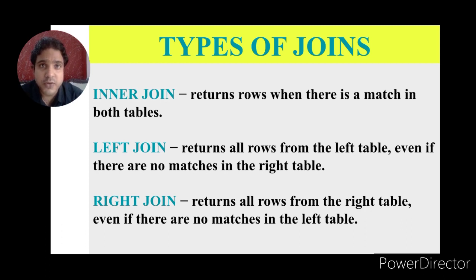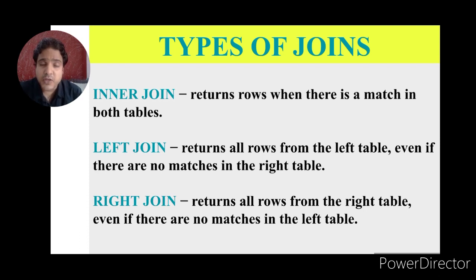In the case of a left join, it returns all rows of the left table. You will write the left table first, and after that the right table. All the rows from the left table will be displayed along with the attributes selected by the user, and the right table with the matching.